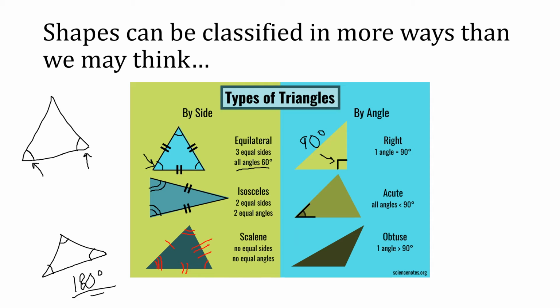Now, of course, if the total of the three angles needs to be 180 degrees, like we established earlier, then obviously you're not going to have more than one 90-degree angle, because then you don't have any degrees left over for the third angle, right? You've got three angles in the triangle. If two of them are 90, that already adds up to 180.